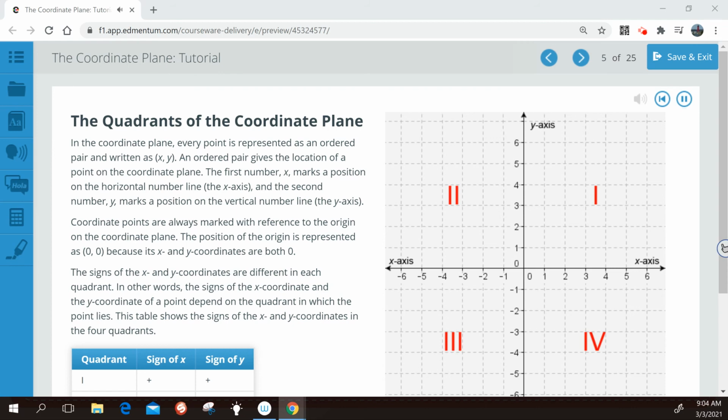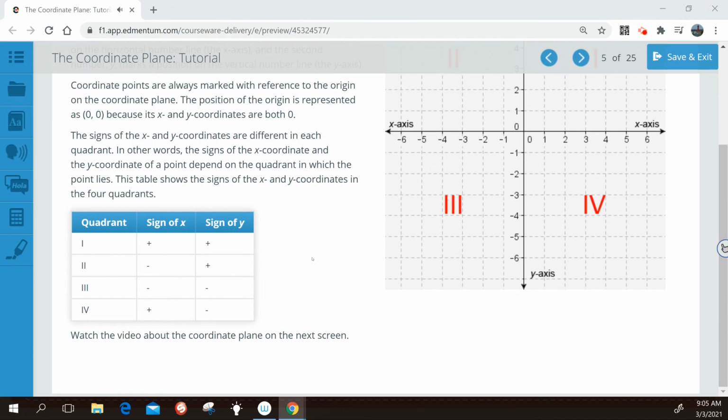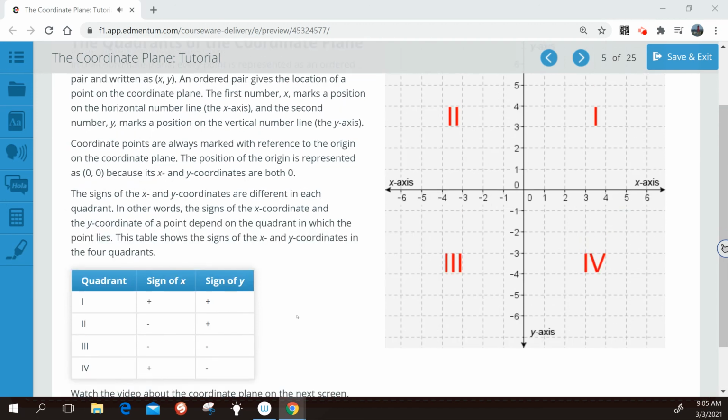The signs of the x and y coordinates are different in each quadrant. In other words, the signs of the x-coordinate and the y-coordinate of a point depend on the quadrant in which the point lies. This table shows the signs of the x and y coordinates in the 4 quadrants. Watch the video about the coordinate plane on the next screen.